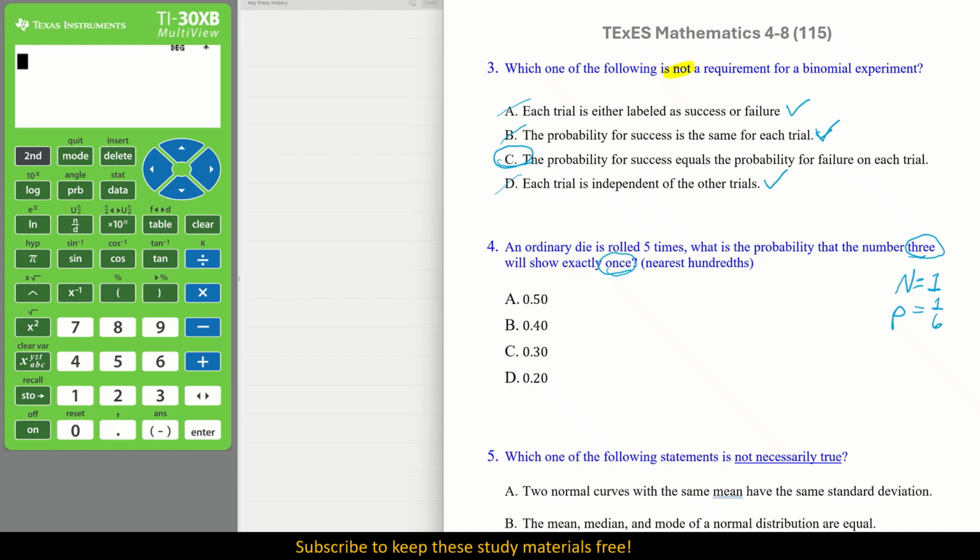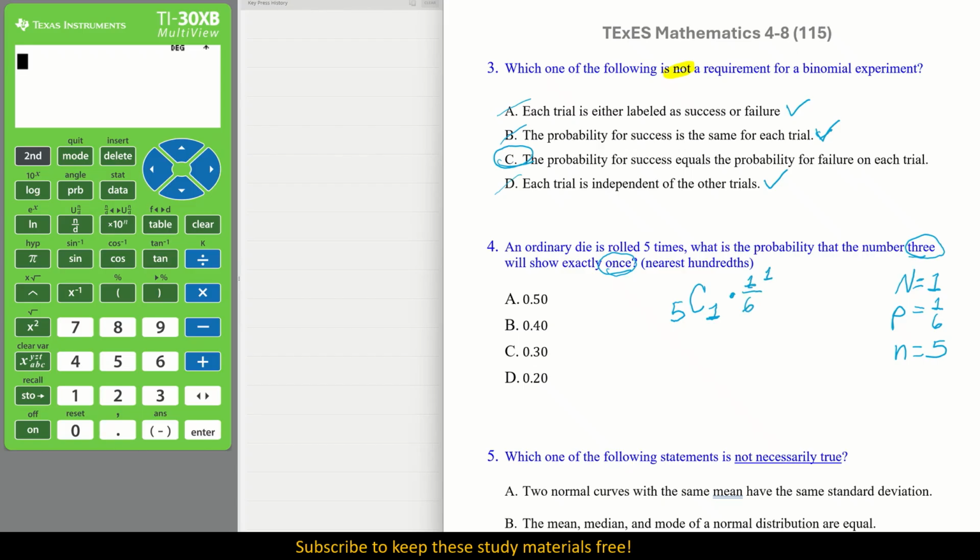Now we need the number of trials. That's 5. Please be cognizant of what the expression is. You should be able to say what it is: number of trials, combination, we only want one of them, times the probability.